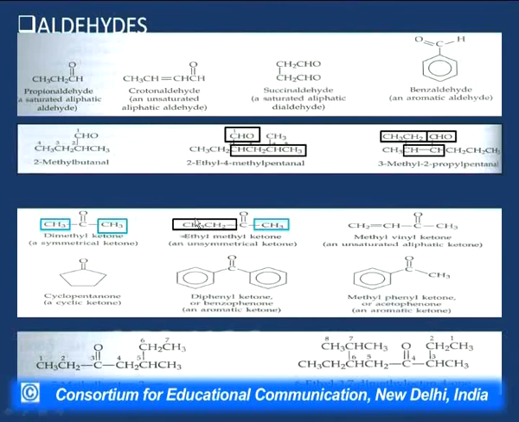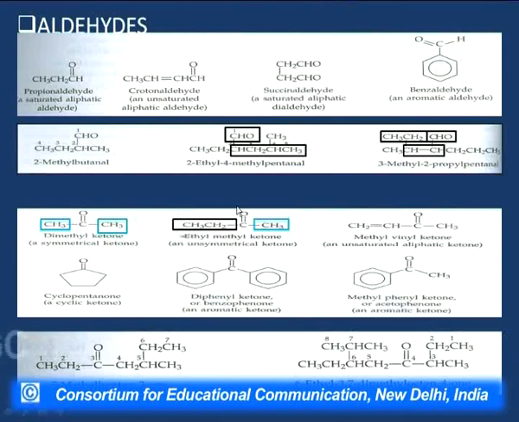So this is an example of an unsymmetrical ether. We will do the numbering from right hand side to left hand side, so that the carbonyl group, that is the ketonic group, gets the lowest possible number. Next is an example of an unsaturated ketone, then a cyclic ketone, and then aromatic ketones, which we will be discussing later on.